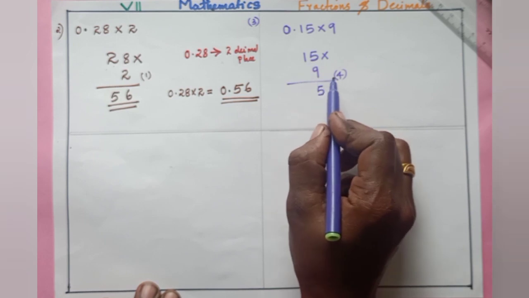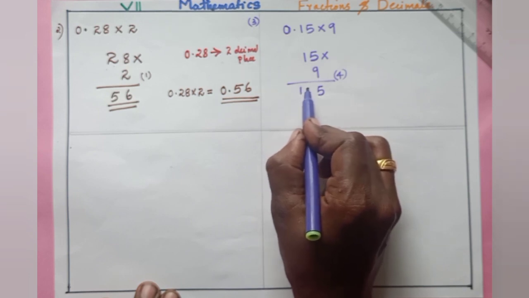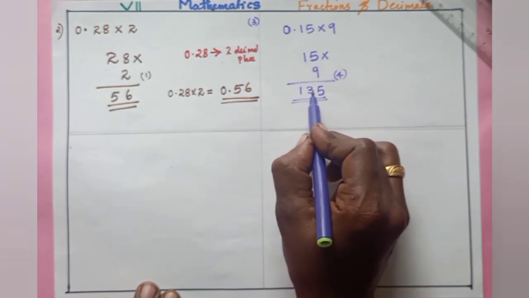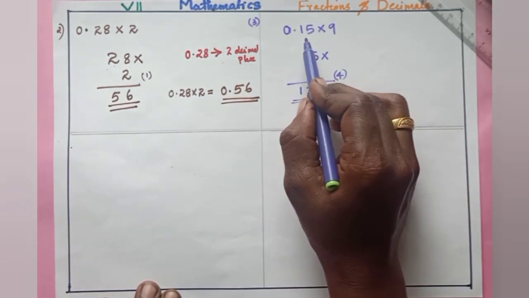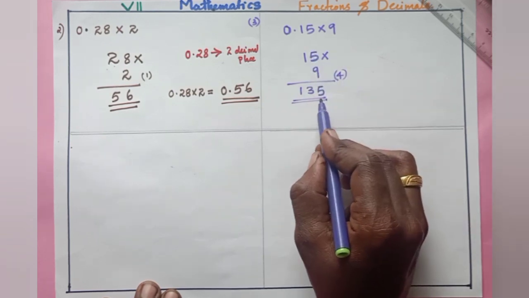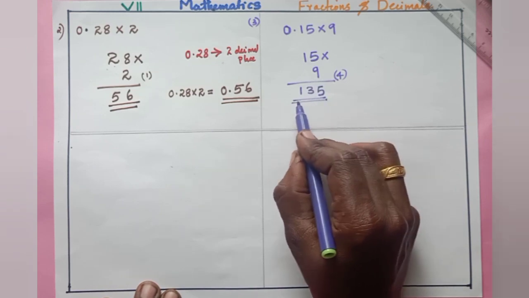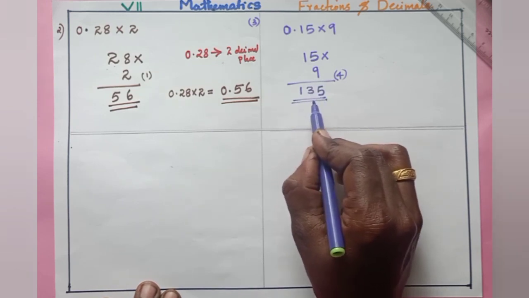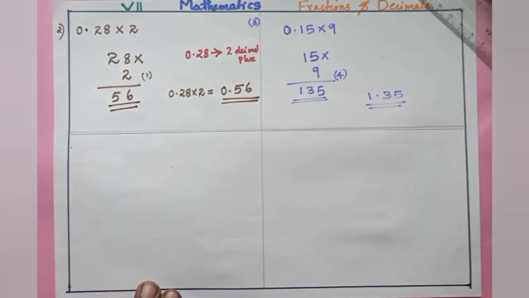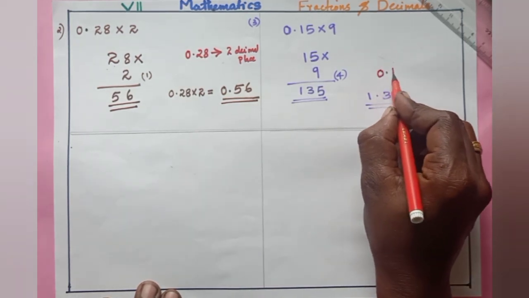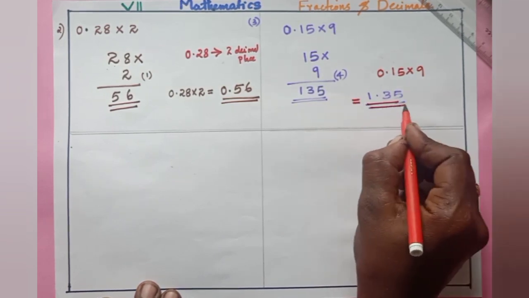Then 1 into 9, 9 plus 4, we get 13. So the whole number answer is 135. But the question is in decimal numbers. The multiplicand has 2 decimal places, so change into 2 decimal places, right to left. So we get 1.35. That is, 0.15 into 9 equals 1.35.